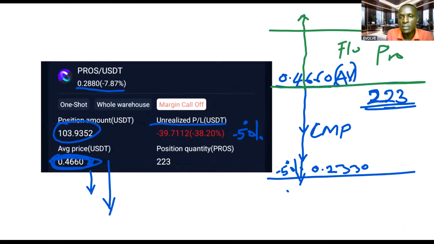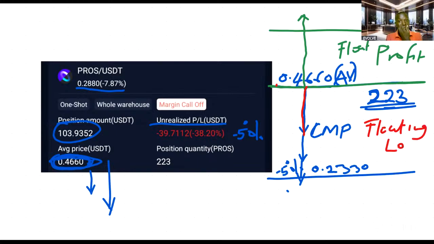When the current market price goes below your average price, I don't know if someone is getting what I'm saying, are we together now? You are in what we call floating loss or unrealized loss. Give me a yes if this lesson is clear.